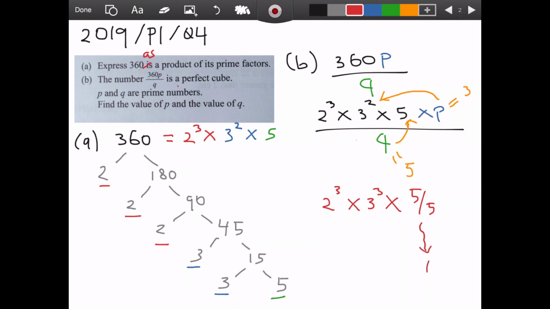If it is just equal to 1, we usually don't write it down, okay? And so we get 2 to the power of 3 multiplied by 3 to the power of 3. We see that the prime factors written here all have powers of 3. So this then becomes a perfect cube. So the answer for the value of p is 3, okay? And the answer for the value of q is 5. All right?